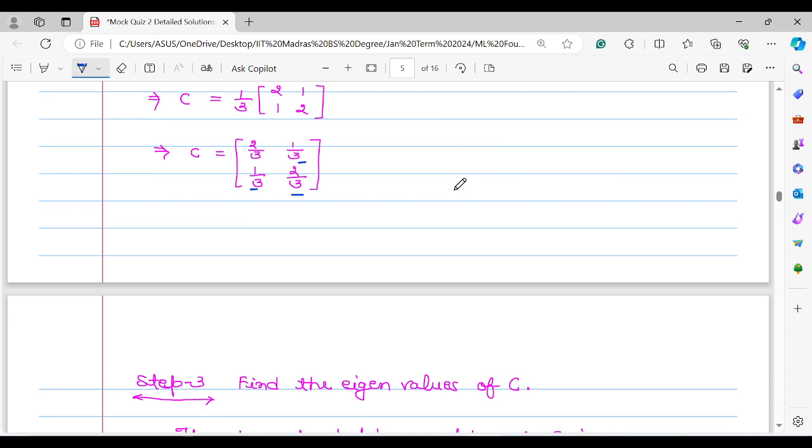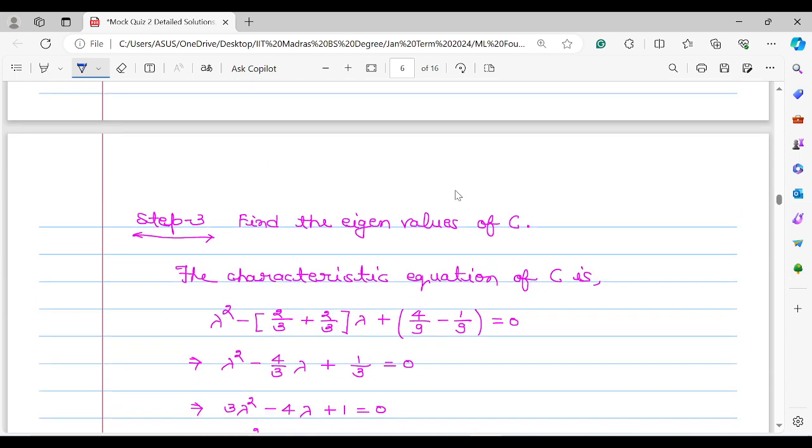Now we will find the eigenvalues of C. The characteristic equation of a 2 cross 2 matrix C is lambda square minus trace of C times lambda plus determinant of C is equal to 0. Simply use this formula and you can find the characteristic equation.